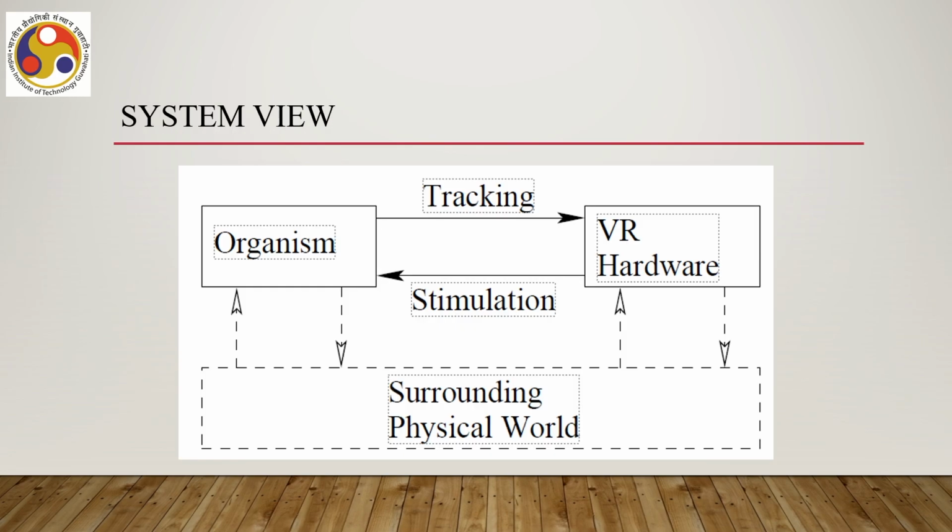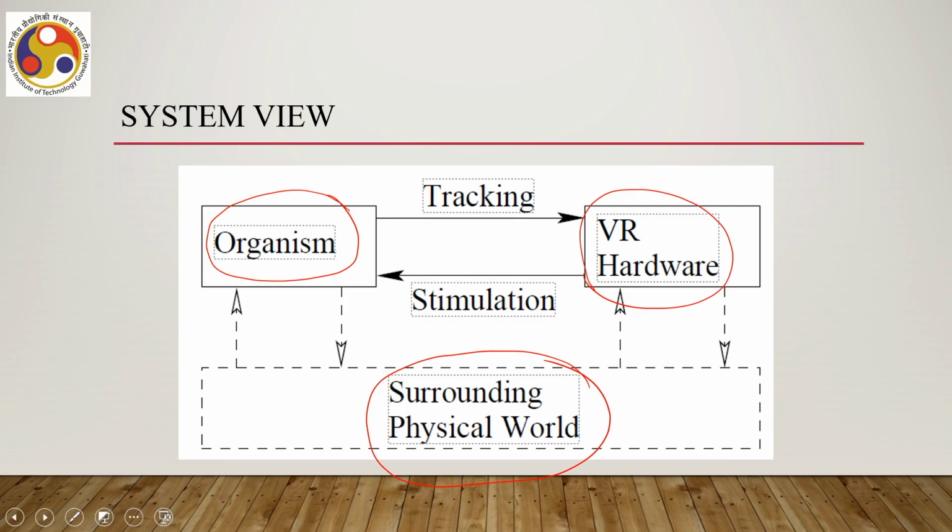Now, let us have a look at this overall schematic view of a VR system. It contains several components and data flow between components. It has one component called organism, one component called VR hardware and one component called the surrounding physical world. We can also see that from organism there is a data flow to the VR hardware, which is labeled as tracking.